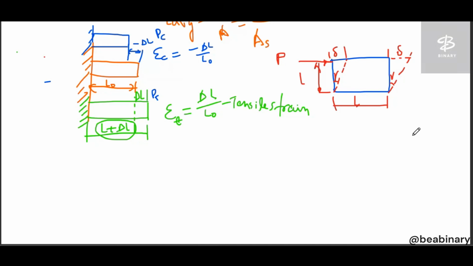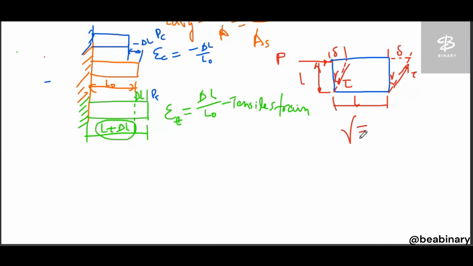Now here we apply the shear stress. Shear stress is applied in this manner, tau. This is tau, and this is also tau. In that case, I want to discuss gamma, meaning the shearing strain.